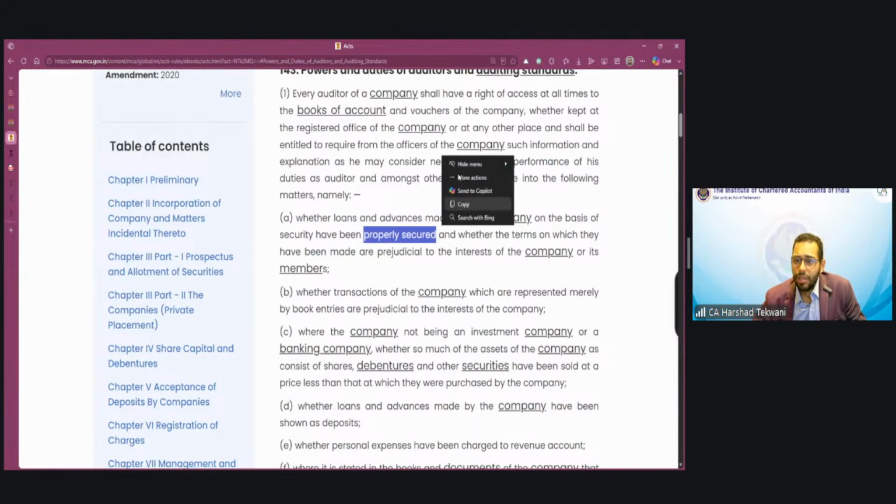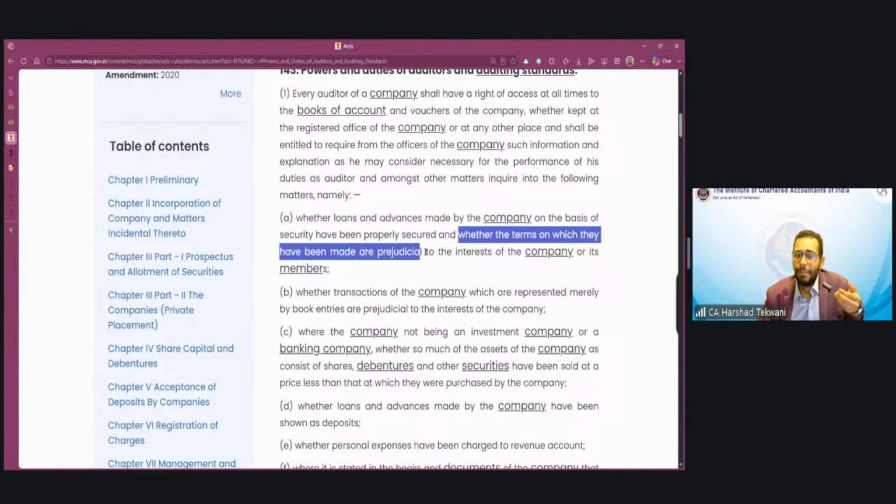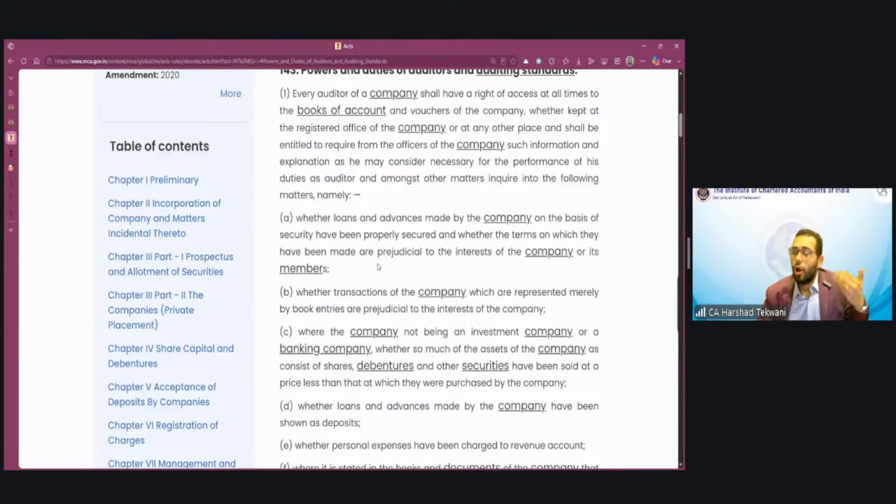Why? Because we are talking about sound financial management. That means if we are giving a loan, we should have a security. Next, whether the terms have been made prejudicial to the interest of the company. Again, something which is not in the interest of the company goes to the conduct of public officials.